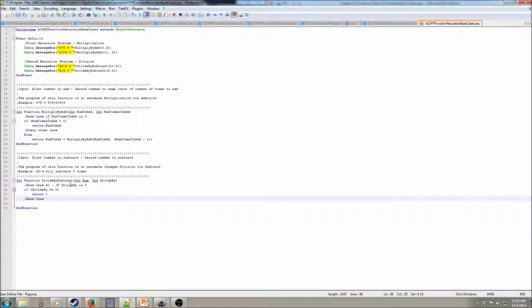Base case number 2, if divide by, no, that's not right.